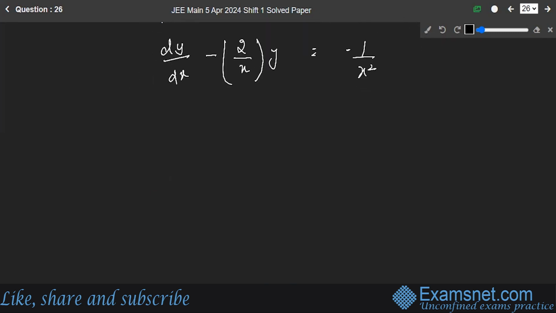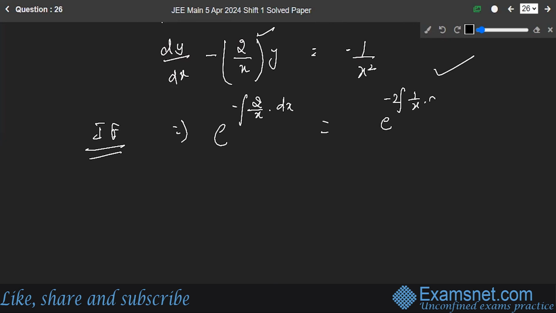Here, let's find out using this equation. I will go for finding the integrating factor, which is given by e raised to power minus 2 into integral of 1 upon x dx. This is equal to e raised to power log of x raised to power minus 2, which is equal to 1 upon x squared. Okay.